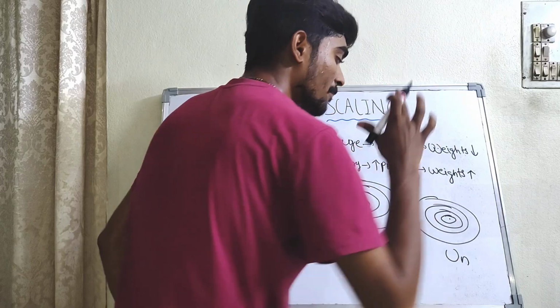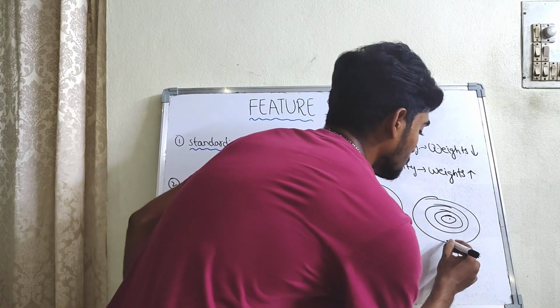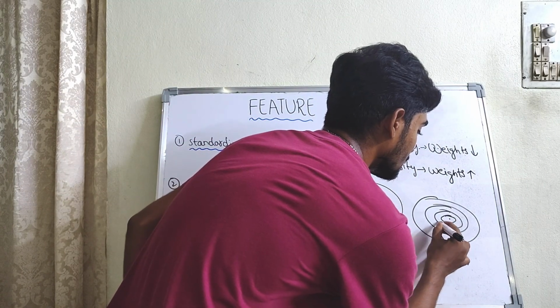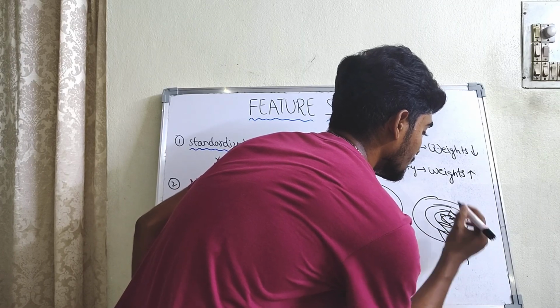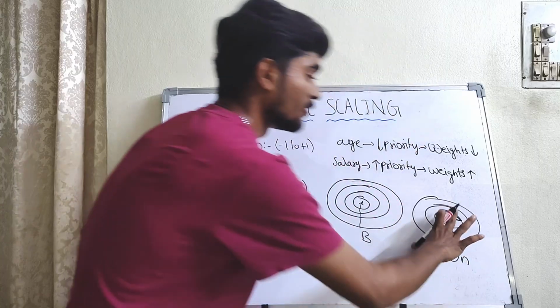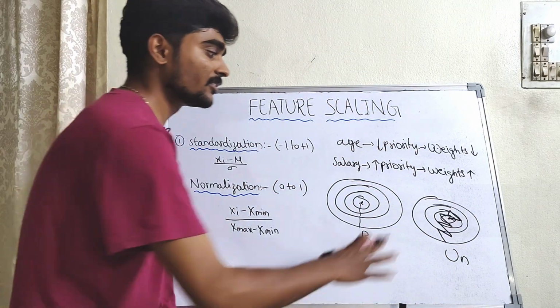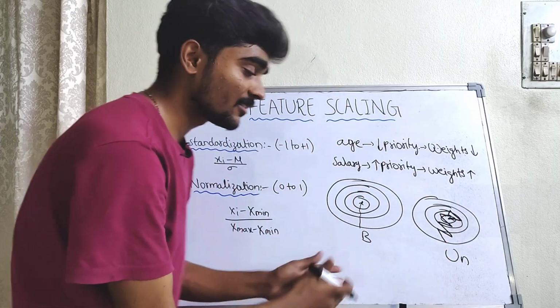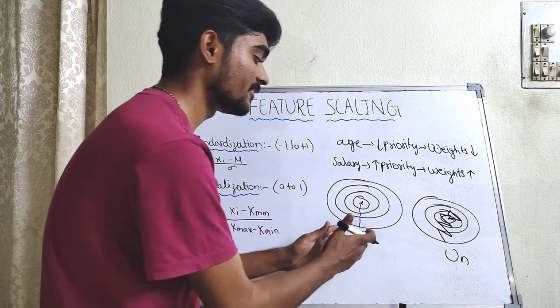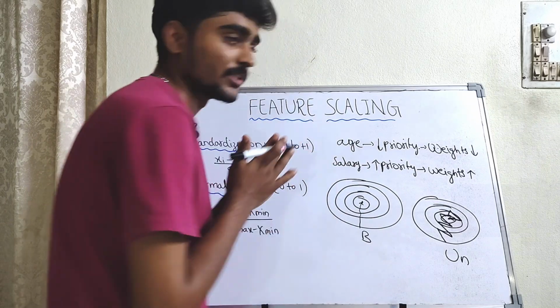When you feed an unbalanced dataset, the contour plot will look this way, with very noisy convergence. This is slower convergence, whereas with the balanced dataset it is faster convergence.